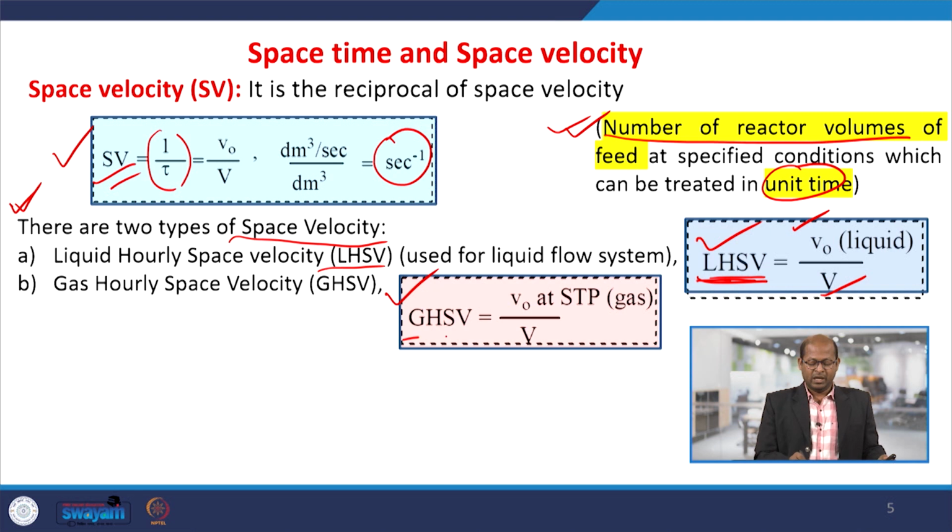And in case of gas phase reactions, if we know the volumetric flow rate of that particular gas or reactant component feeding into the reactor at a particular rate, and we know the volume of the reactor, then the gas hourly space velocity we can easily find out for this particular system.